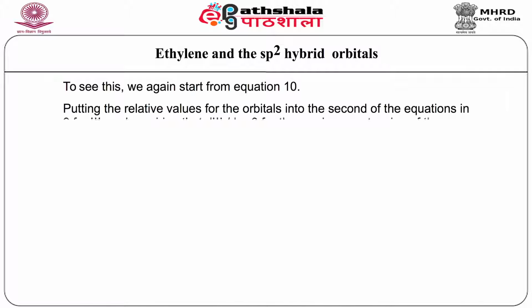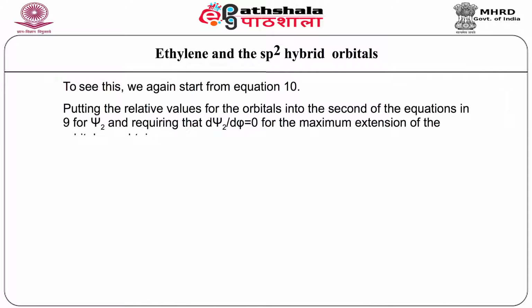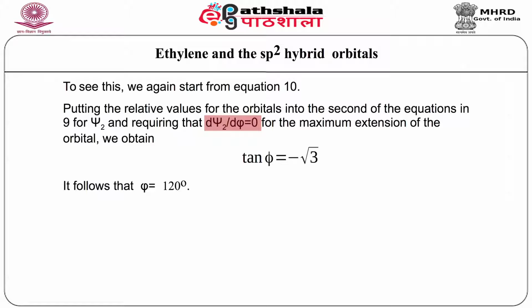Putting the relative values for the orbitals into the second of the equations in 9 for Ψ2 and requiring that d Ψ2 d phi equals 0 for the maximum extension of the orbital, we obtain tan phi equals minus square root of 3. It follows that phi equals 120 degree.